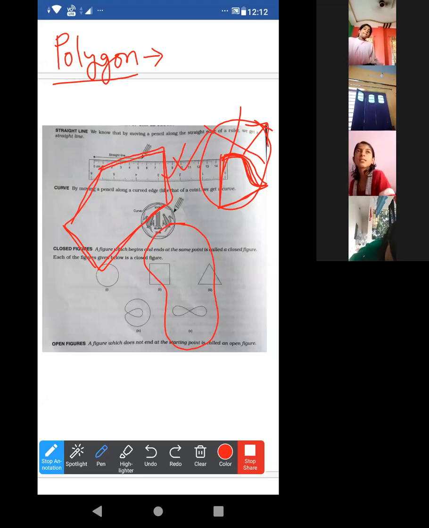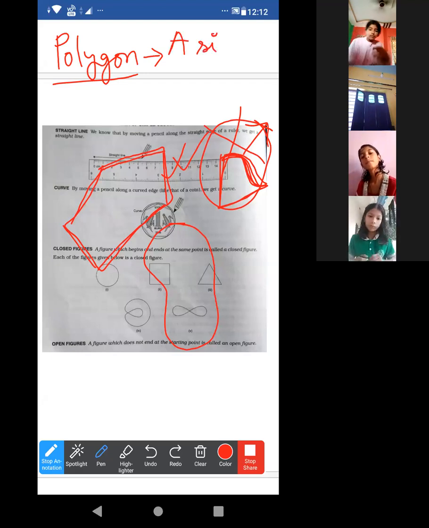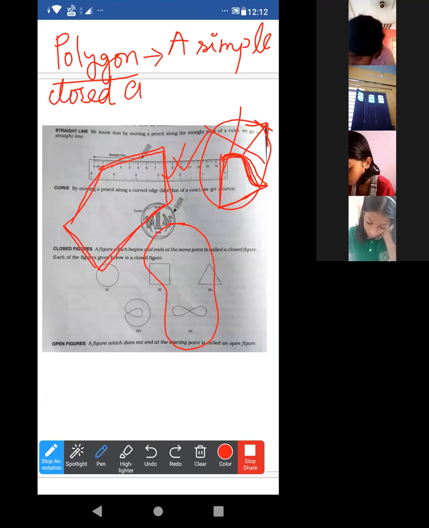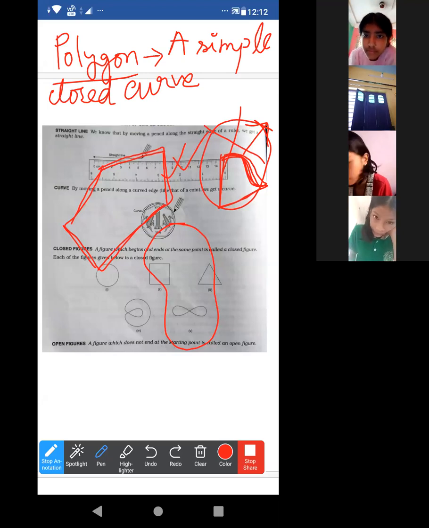That means, write the definition of polygon: a simple closed curve made up of line segments. Are you able to see the screen?